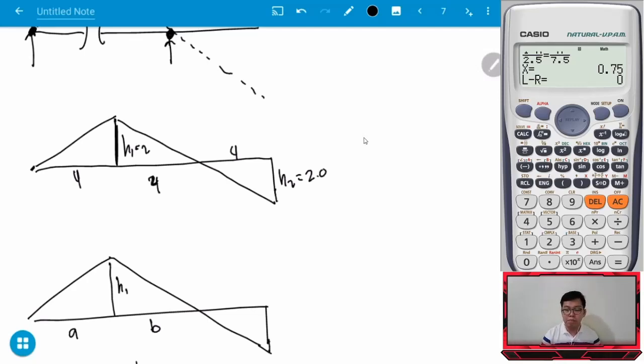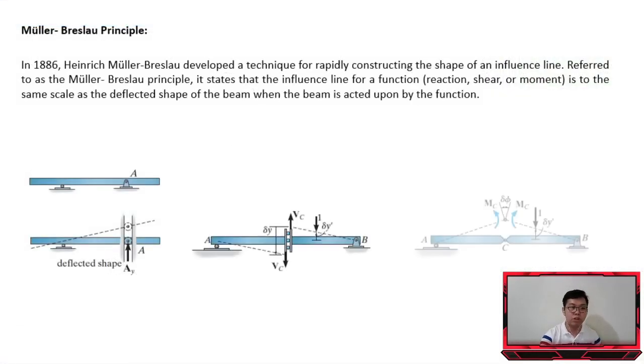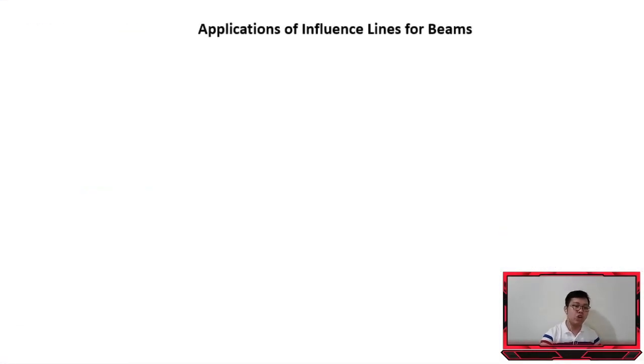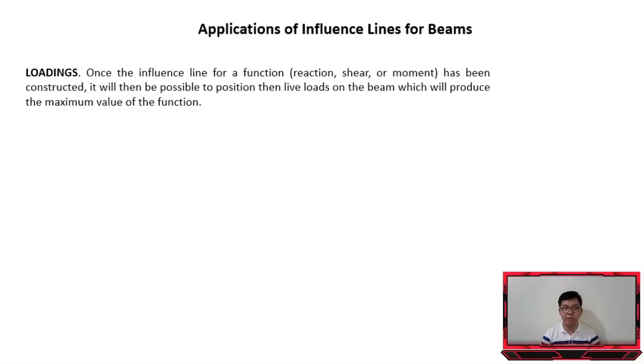Now, let's check kung ano ba yung application nito. I think okay na tayo sa Mueller-Breslau law na method. Let's check yung application of influence line for beams, which is madali lang.